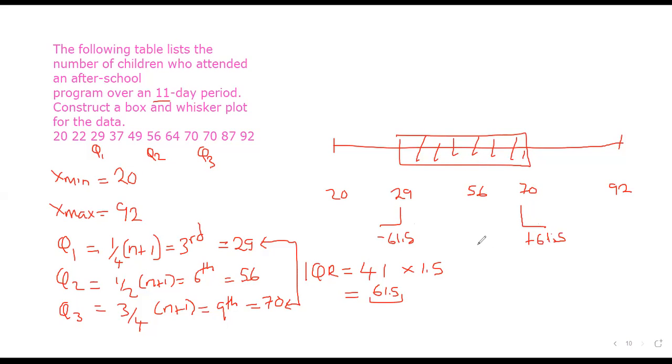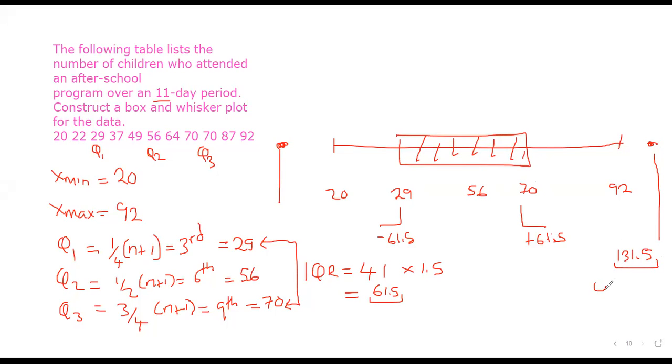What are you getting here on the lower bound? Negative what? 29 minus 61.5 and 70 plus 61.5. Here is 131.5.